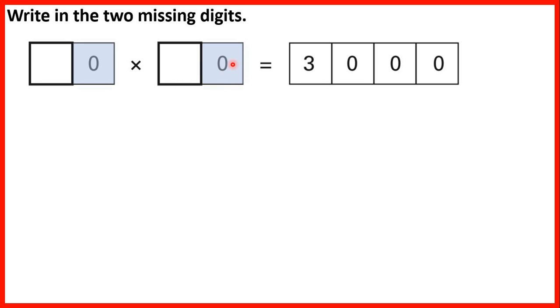So that's 2 end zeros altogether, which means we will have 2 end zeros in our answer. So now we've really got something times something is 30, and 6 times 5 is 30, so we can have 6 and 5 in any order as our missing digits.